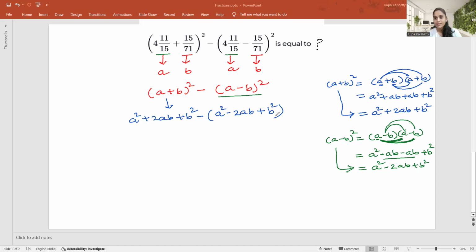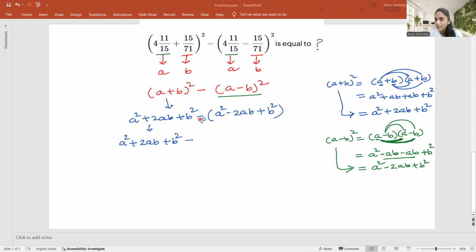Okay. Now let's see how to solve it further. We can just copy down this part as it is because it is only positive, right? So let's copy it down here. So A squared plus 2AB plus B squared. As they're all positive terms, there is no change in there. But in the second bracket, there is a negative sign outside.